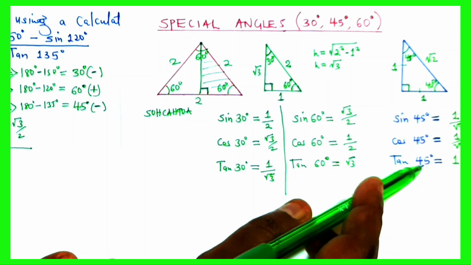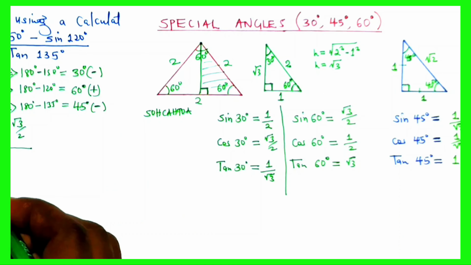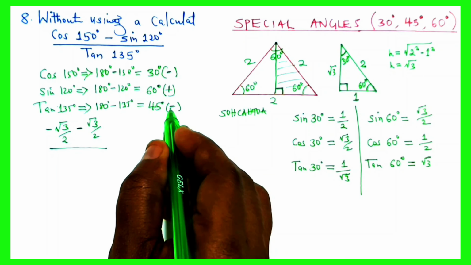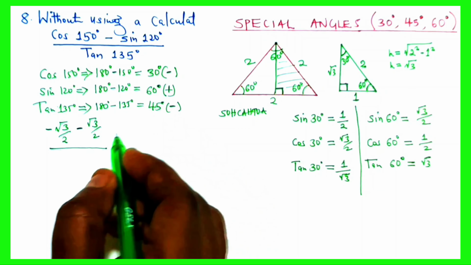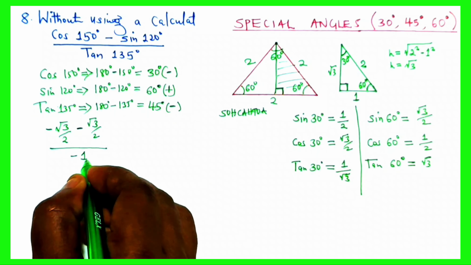We know that the tan of 45 degrees is equal to 1, and since we've captured here that it will be negative, we end up having negative 1.